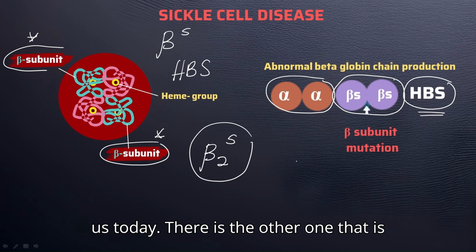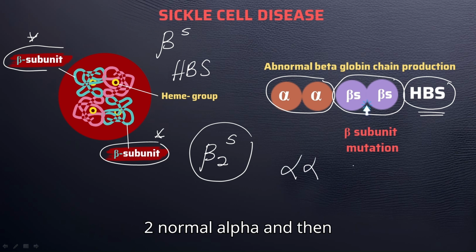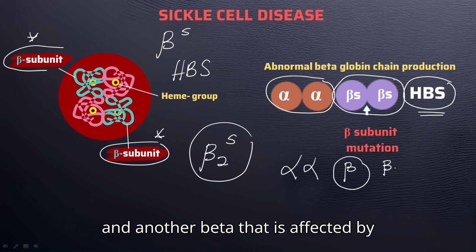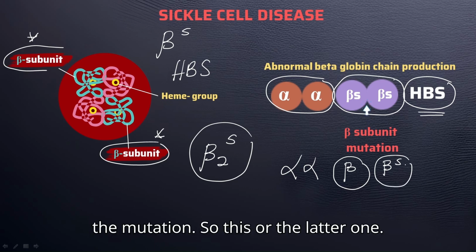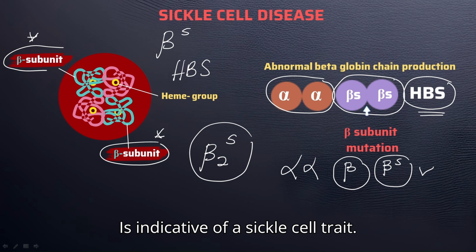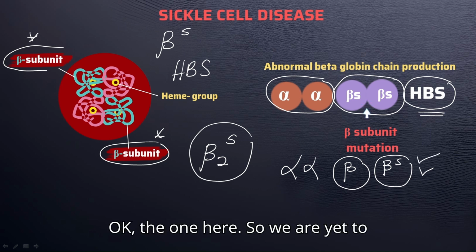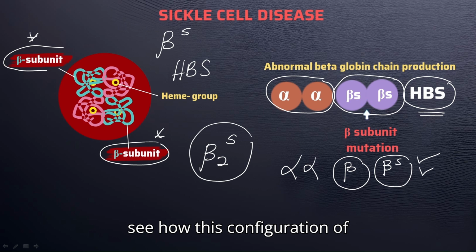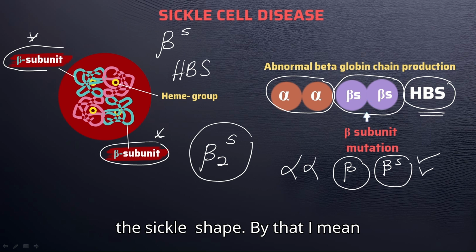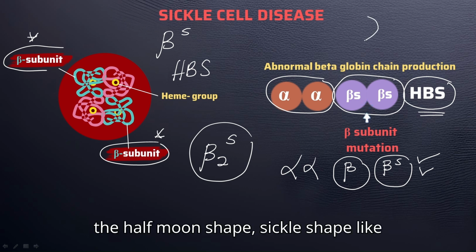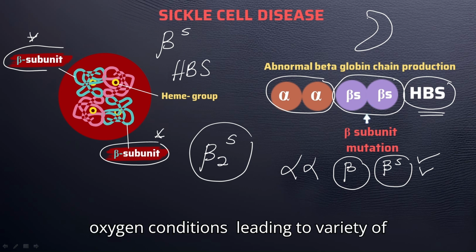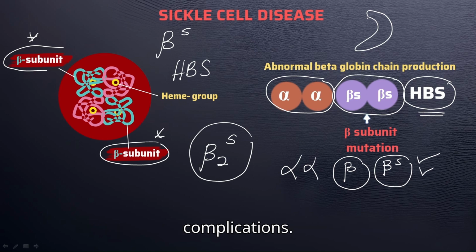There is the other one that is two normal alpha, and then one normal beta, and another beta that is affected by the mutation. So this, the latter one, is indicative of a sickle cell trait, okay, the one here. So we are yet to see how this configuration of HbS can cause red blood cells to attain the sickle shape. By that I mean the half moon shape, sickle shape, like that, okay, under low oxygen conditions, leading to a variety of complications.